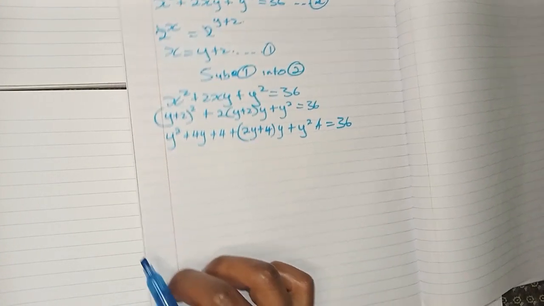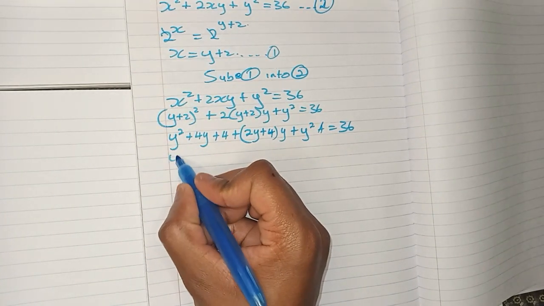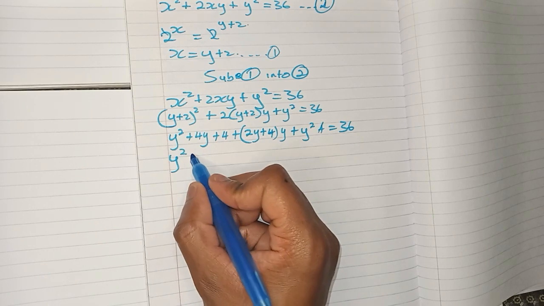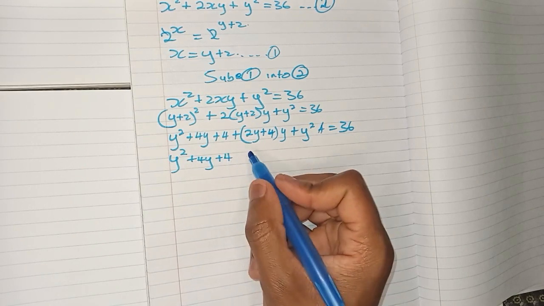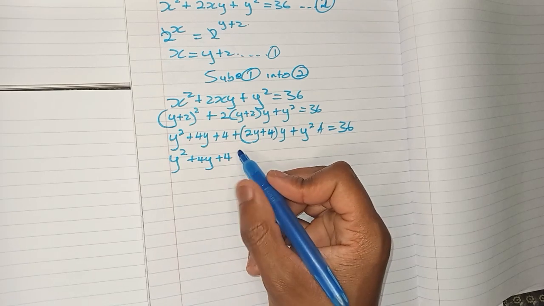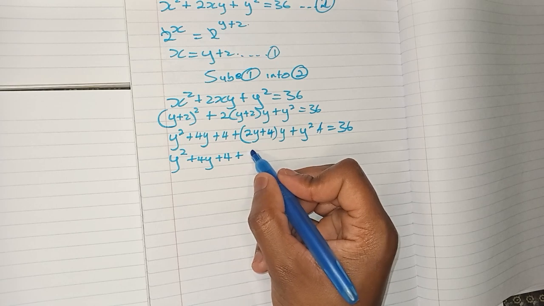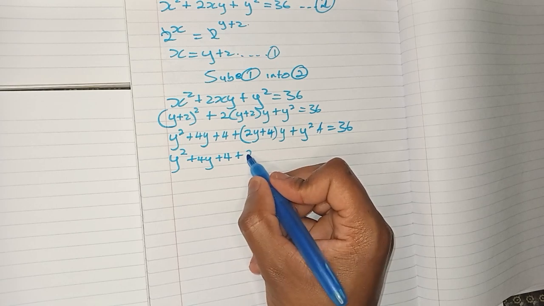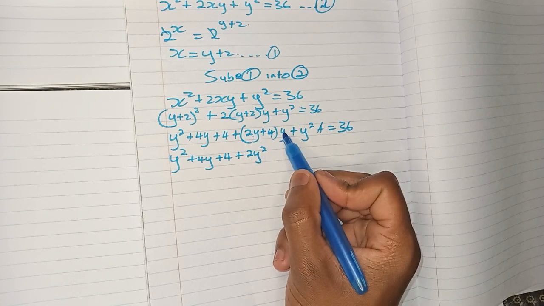So now I continue by saying y squared plus 4y plus 4, and then plus 2y squared, because this multiplies this, right?